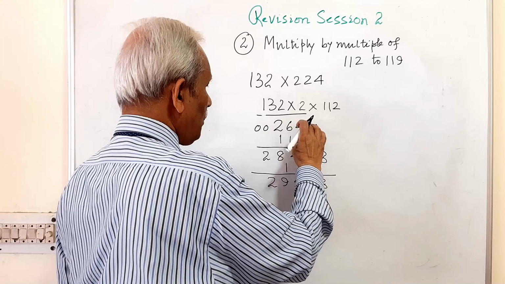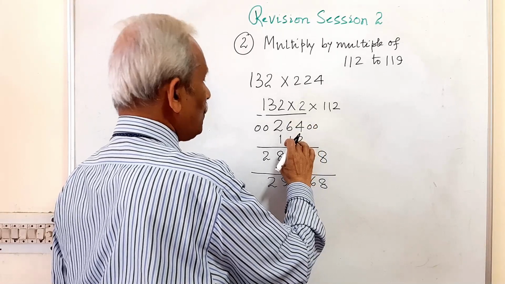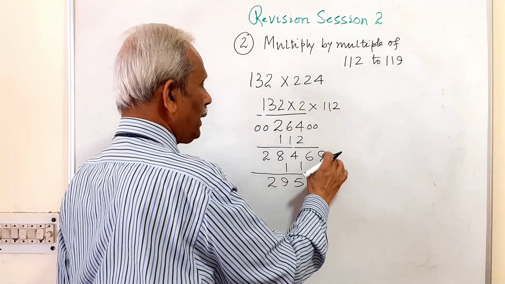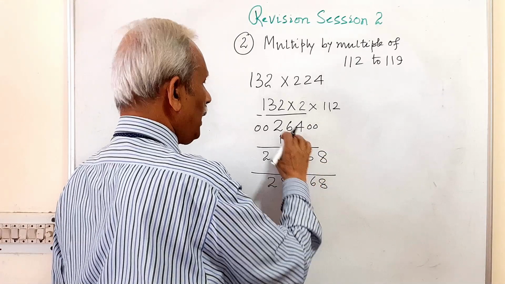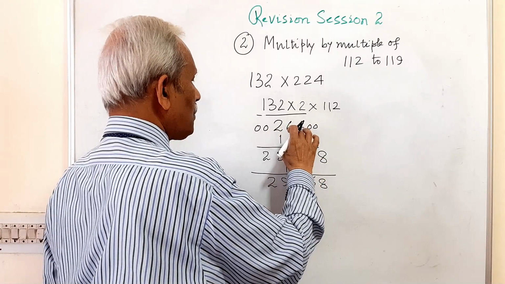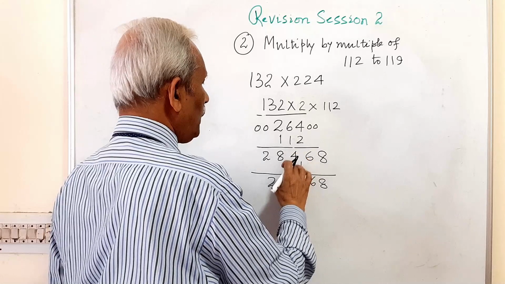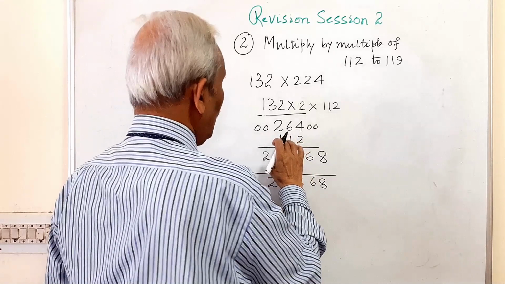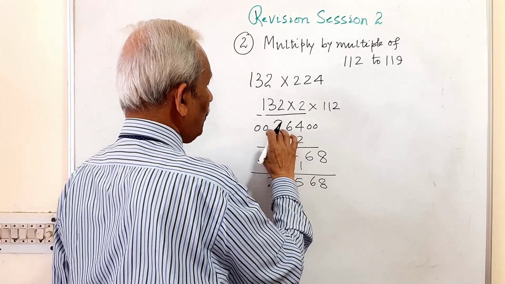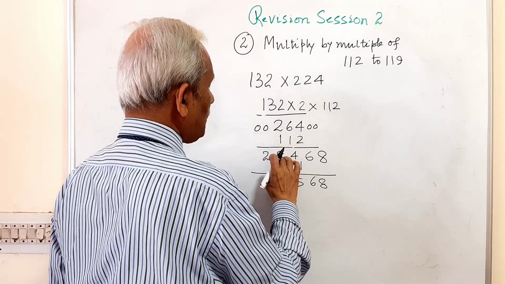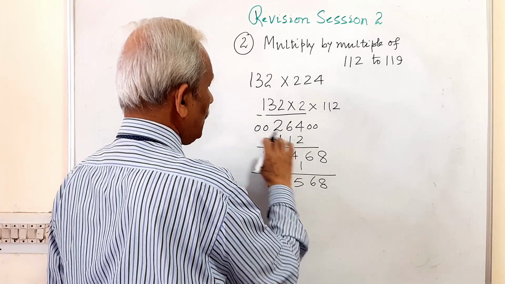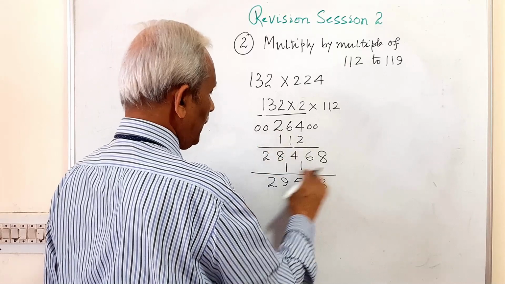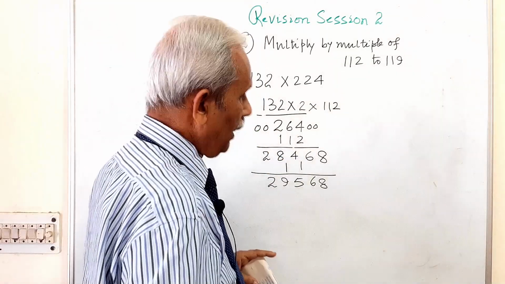Then just multiply this. 4 into 2, 8 plus both the neighbors. 6 into 2 is 12 plus 4 plus 0, both the neighbors, 16. 2 into 2, 4 plus 6, 10 plus 4, 14. 4 here, 1 here. Then again, 0 into 2 is 0 plus 2 plus 6, that becomes 8. 0 into 2 is 0 plus 2 plus 6 is 8. Then 0 into 2 is 0 plus 2 is 2, and then add it, 29568. It's quite simple.